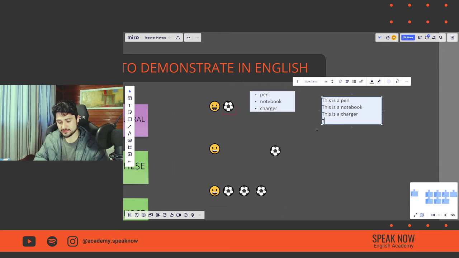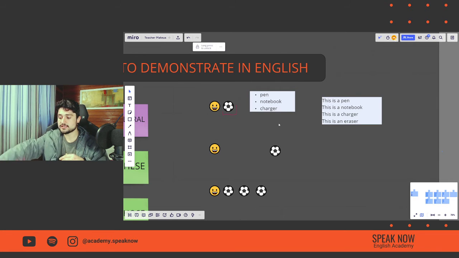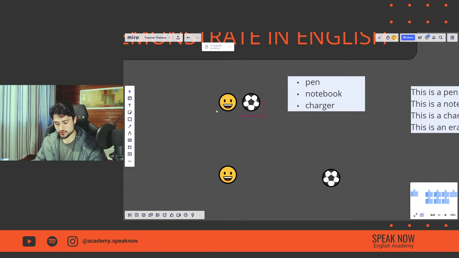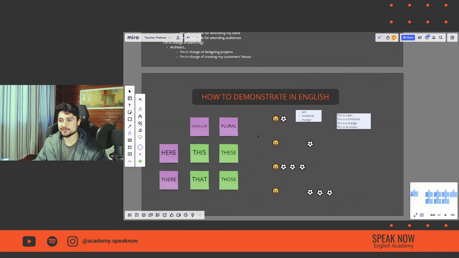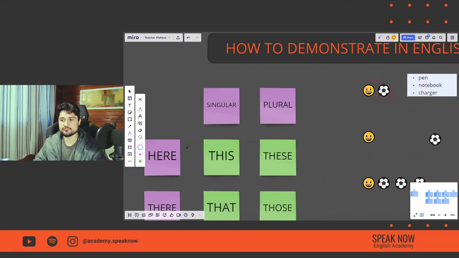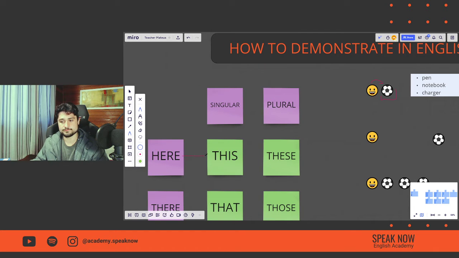So this is an eraser. The similarities of these objects is that they are close to me and they are singular, right? So you see, the distance between the person and the object is small. So this we use with things that are here and they are singular.